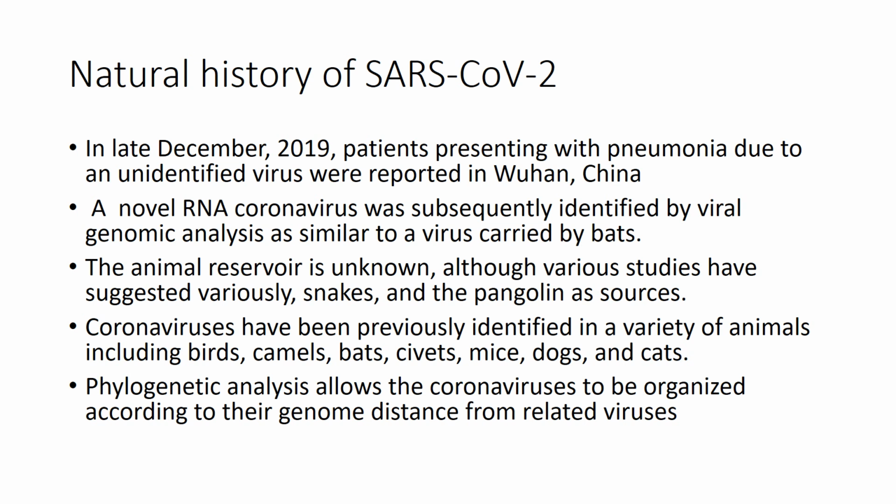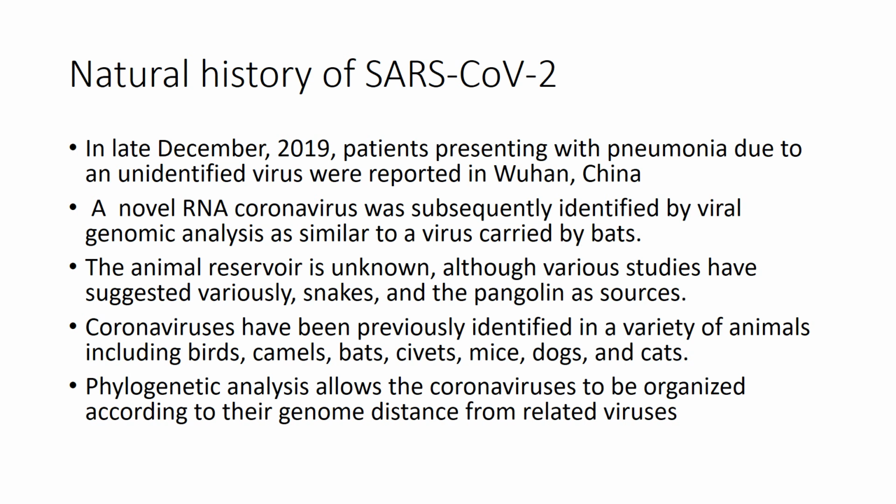So subsequently, the virus was identified by using viral genomic analysis that was done by Chinese researchers. It was found to be similar to a virus in other mammals, especially that carried in bats. Now, a number of viruses are carried by bats. It's a reservoir for a wide variety of viruses, actually, not only coronaviruses.